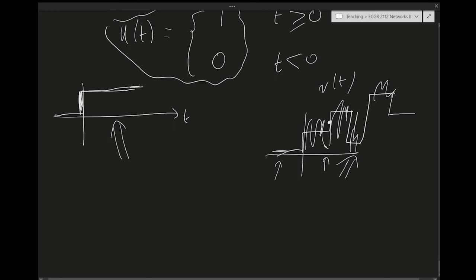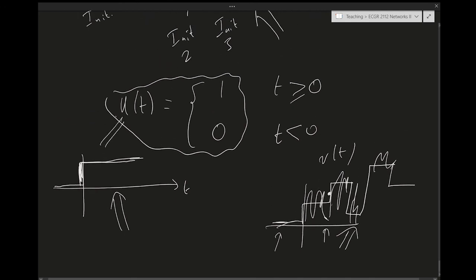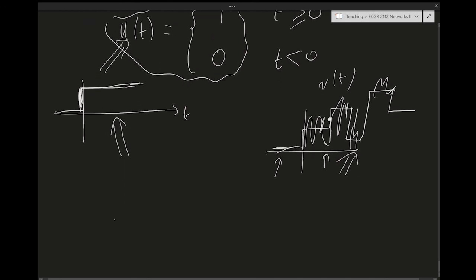It's a dimensionless function. It doesn't have units of voltage or current. You tie it with voltage signals and current signals to get this effect. So let's say I have a voltage source that starts at 0 and then steps up to 5 volts at t equals 0.